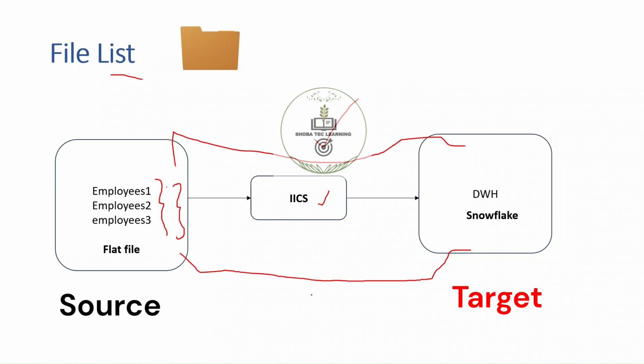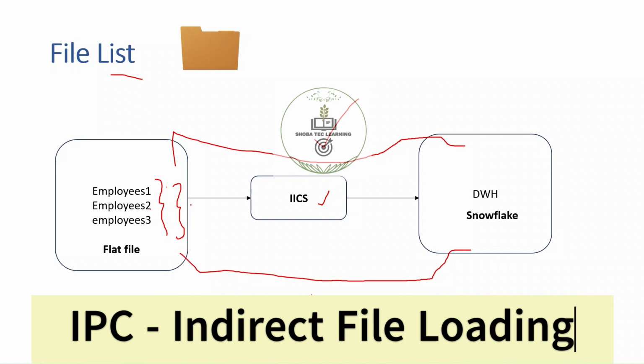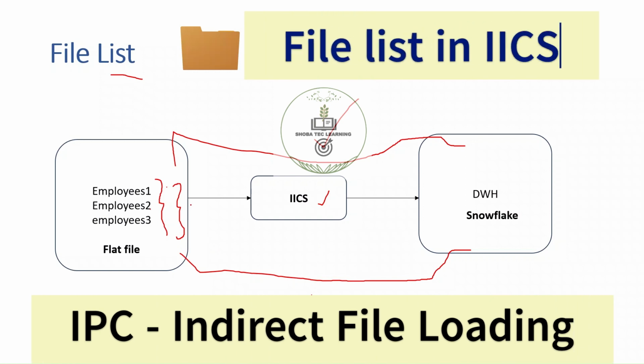If you have different structures, you need to create a different mapping for each, multiple mappings for the different files. This file list is the same as what we worked with in Informatica PowerCenter as indirect file loading; like that, in IICS the file list is present.